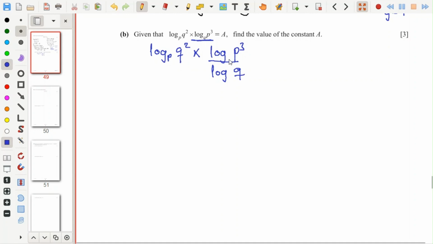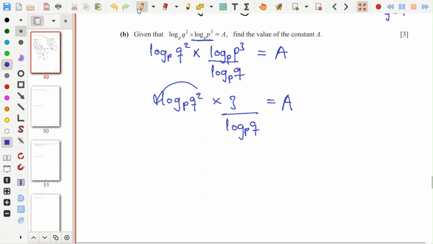I'm changing to base 3, no, sorry, base P. So I put P here, I put P here. So now this is the same as 3. Your power will become your coefficient over. Don't forget that this 2 will jump down here and become your coefficient.